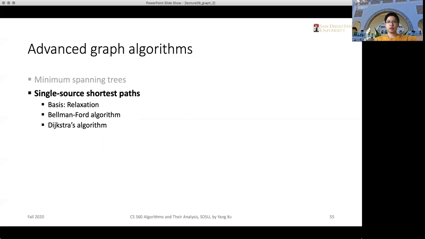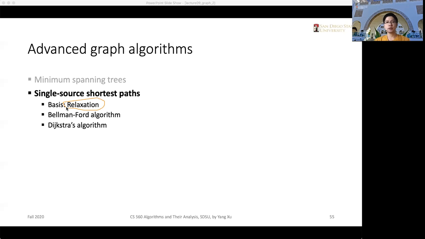Anyway, so far we have laid out all the notations that are relevant to the algorithm. Okay, so when we start introducing the algorithm, we will start with this basic operation called relaxation. Okay, so relaxation is an operation, or you can think of it as a procedure or a function, that is applied between two vertices. It's a very simple function, and most of the single source shortest path algorithms rely on this simple operation called relaxation.